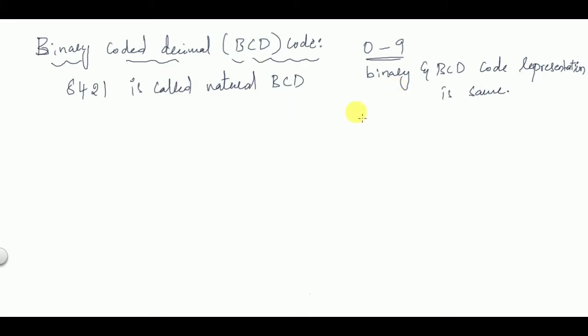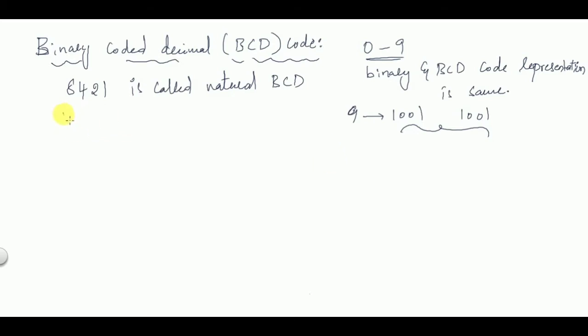That is, if you want to represent 9, in binary it is 1001, in BCD also it is 1001 only, right? So in both cases both representations are the same.